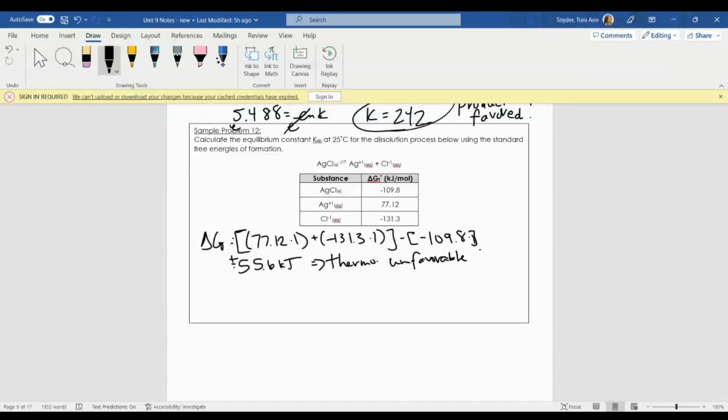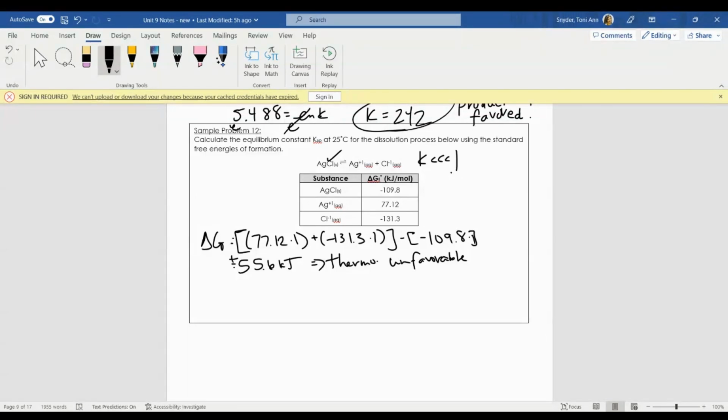This means this reaction is not really going to proceed, and silver chloride is not going to dissociate according to this. So if this is a thermodynamically unfavorable process, let's estimate that my value for K must be pretty low. I must have a K value that's much less than 1.